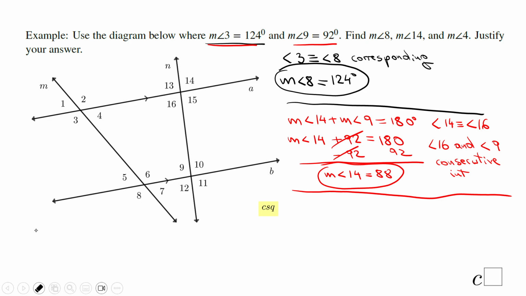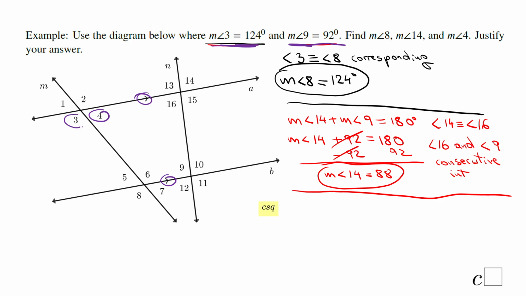So now we need to look at angle 4. And again, these two lines are parallel lines. From these two, angle 3 and angle 9, which one do I need? I think I'm going to need angle 3, right? And if you take a look here, I don't even need something fancy.